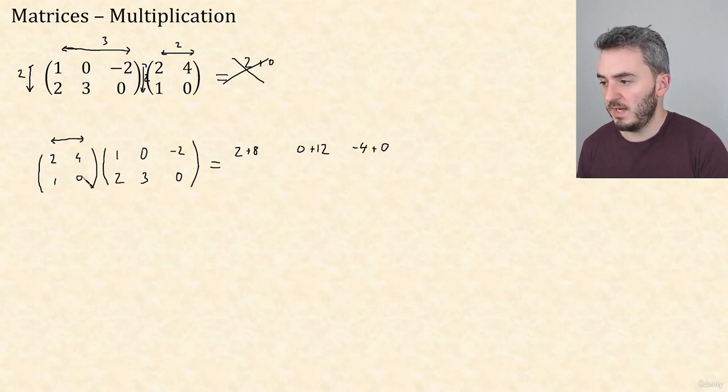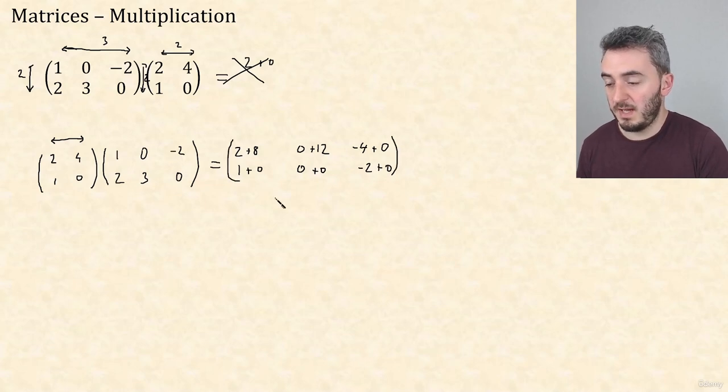And then the next row down, 1 times 1 plus 0 times 2. And then it's 1 times 0 plus 0 times 3. And it's 1 times minus 2 plus 0 times 0. And so the answer there is another 2 by 3 matrix. It's 10, 12, negative 4, 1, 0, minus 2.